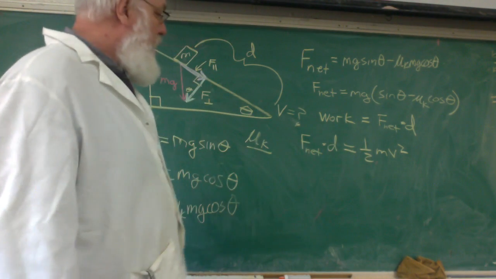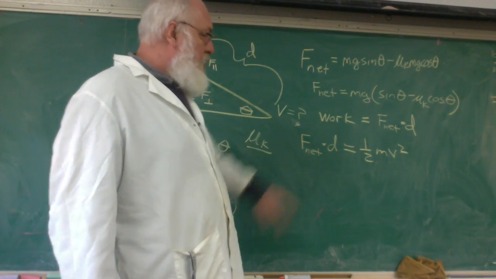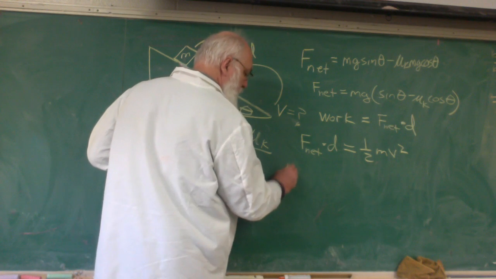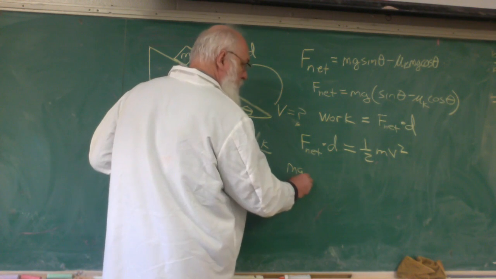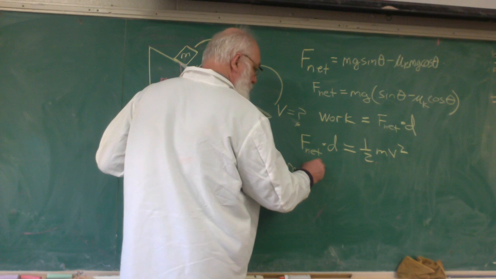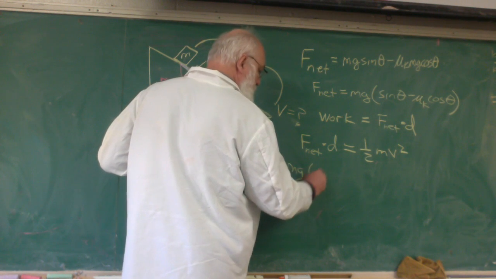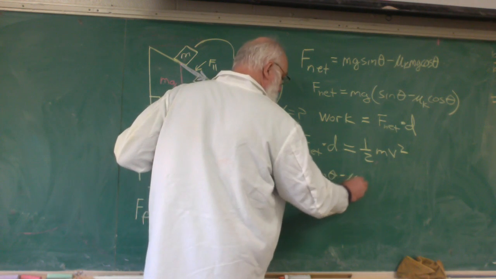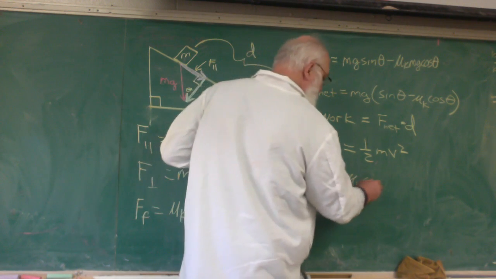All right, so now if we go back and replace some stuff up here, we'll see that F net is mg sine theta minus mu k cosine theta.